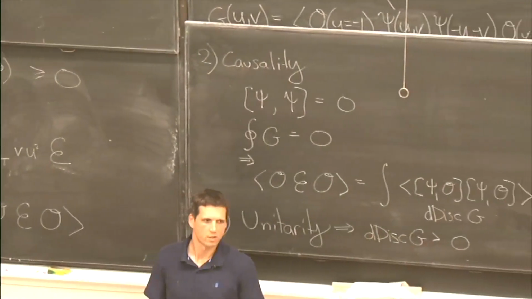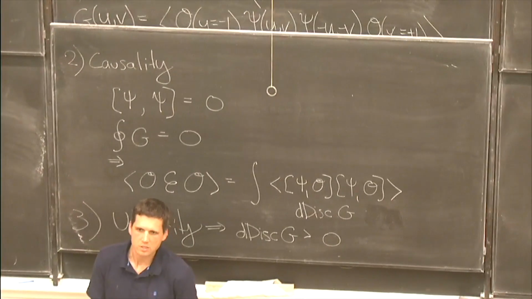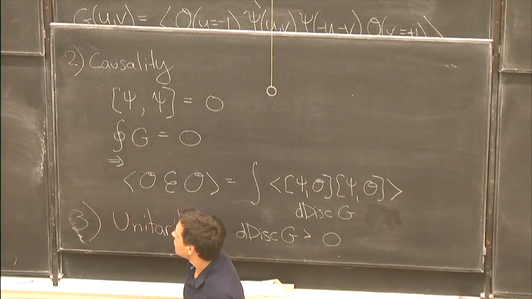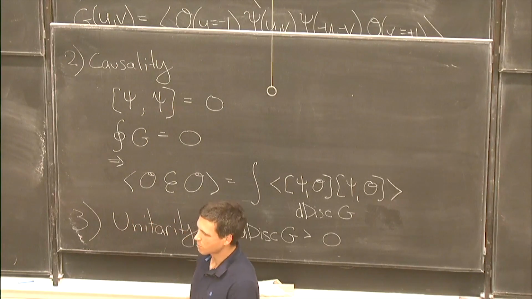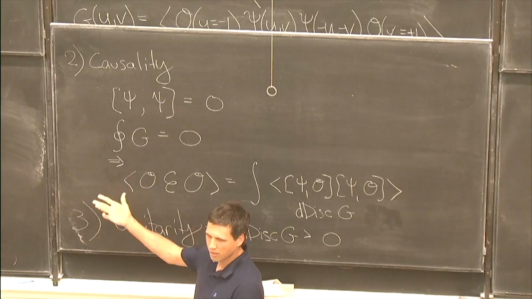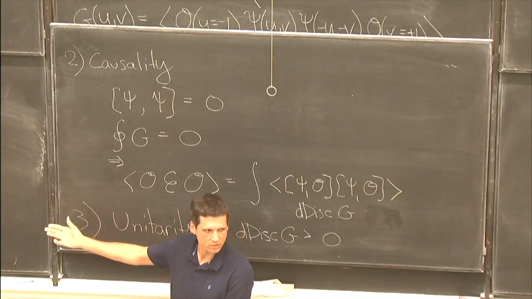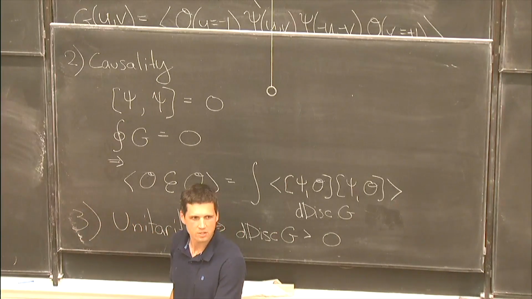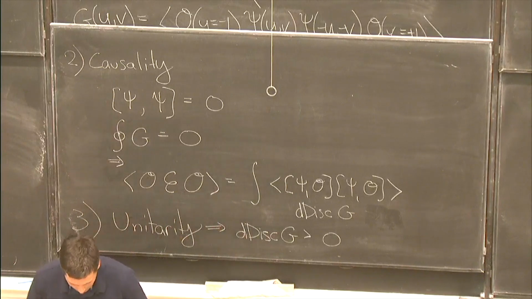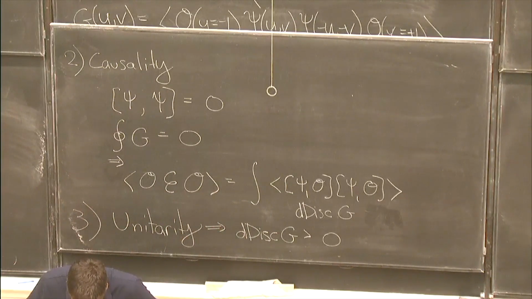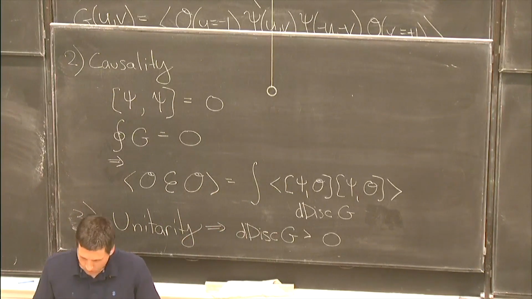The short story is that these are related to time delays of signals in AdS. So again, on the bulk side, you have a relationship between the ANEC and causality.